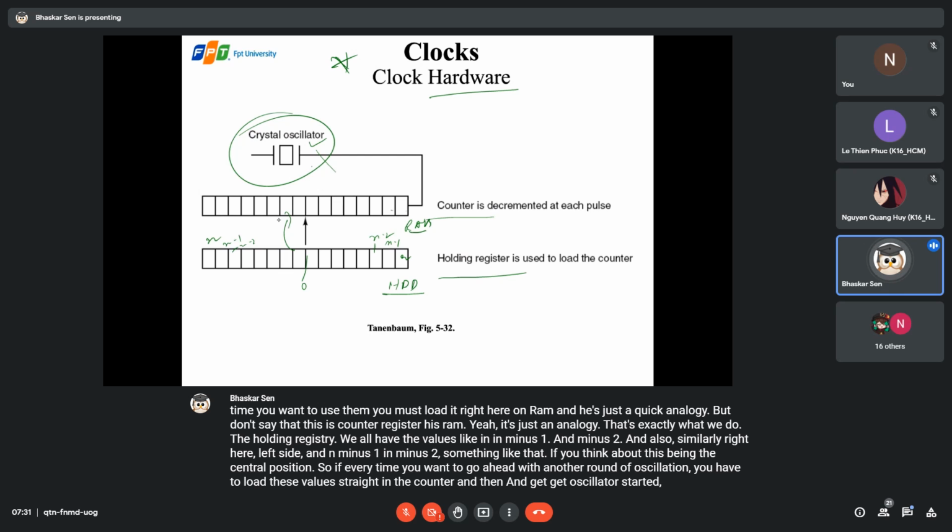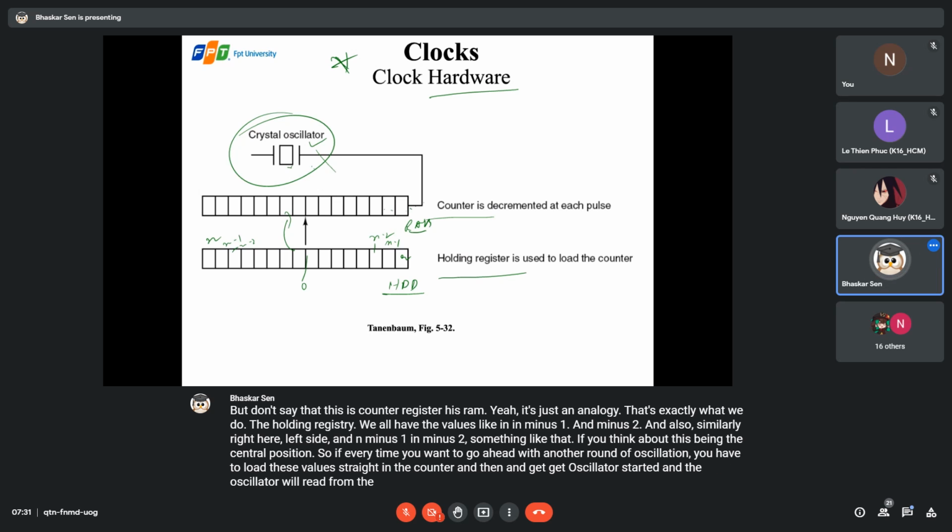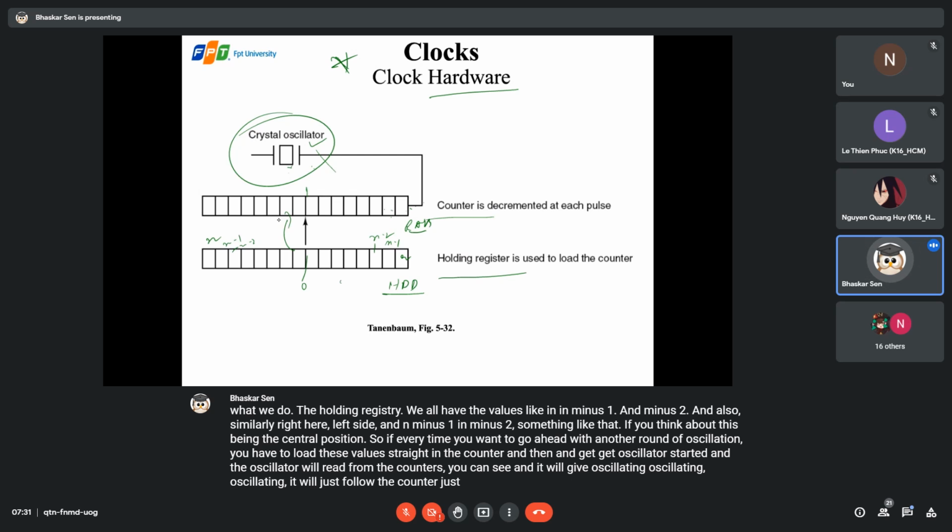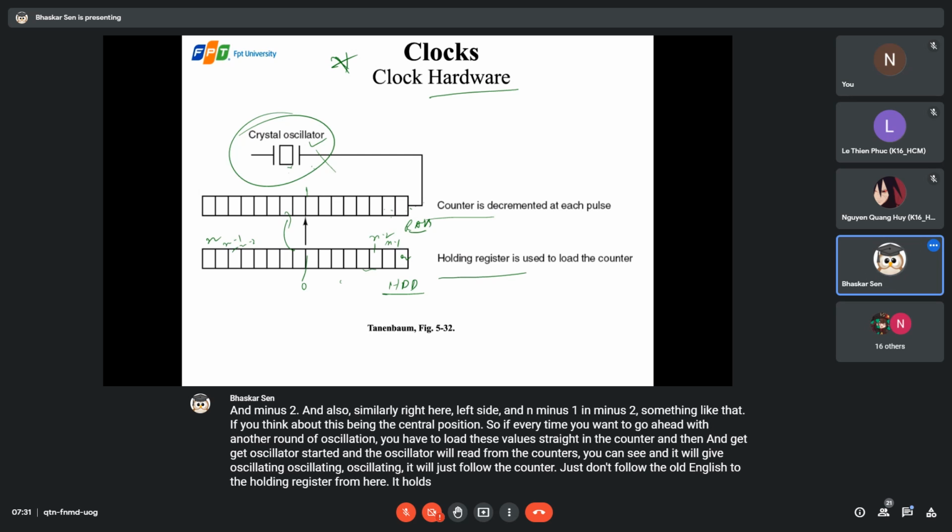The oscillator will read from the counter, as you can see, and it will keep oscillating. It will just follow the counter, not the holding register. The holding register, for good, holds these displacement values. That is how it works.